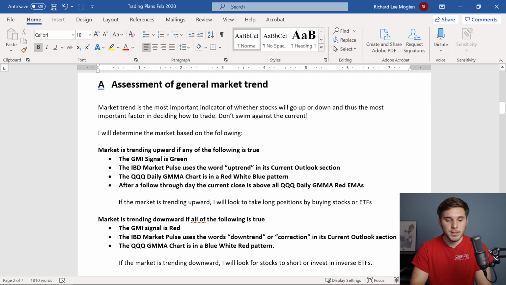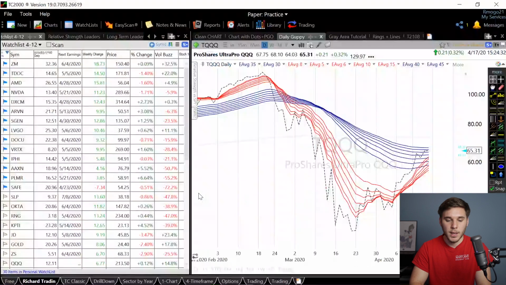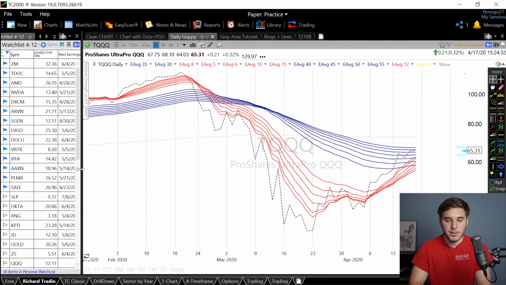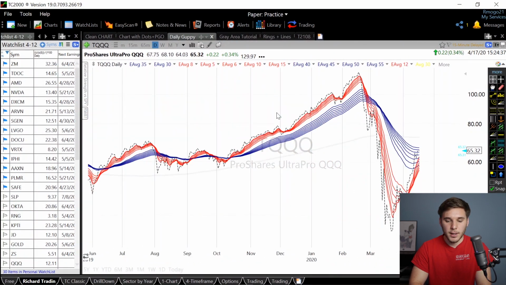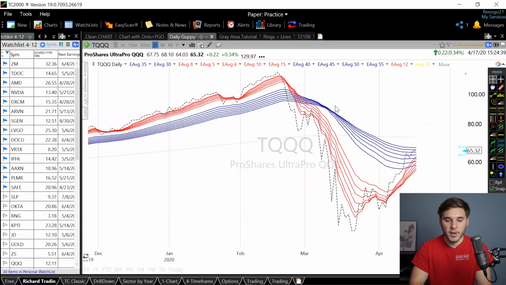And the last one is the QQQ daily GMMA chart has to be in a red, white, blue pattern. If you've followed my channel for a while, you know exactly what I mean by this. But let's go ahead and talk about it in TC2000. The red lines right here are short-term moving averages, and they're listed above right here. There's a 5, 6, 8, 10, 12, and 15.